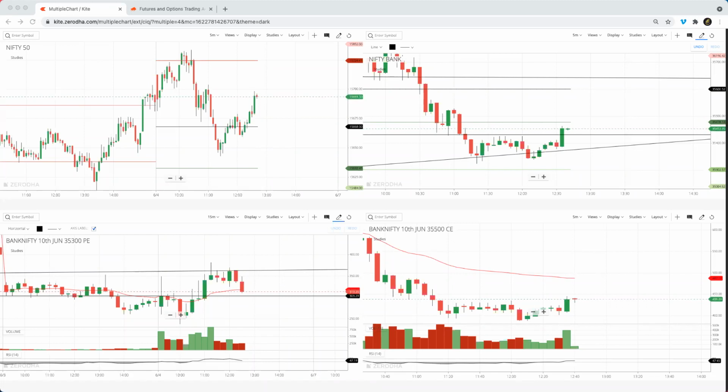So now the volume is building up gradually. Bank Nifty is picking up with volume right now. As compared to the earlier scenario, right now it is picking up with volume, and we need to go for a long.